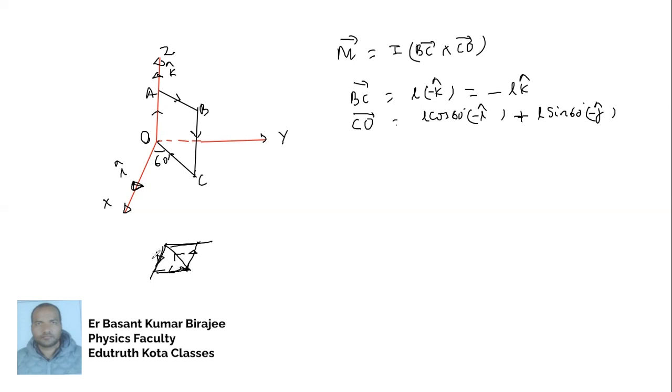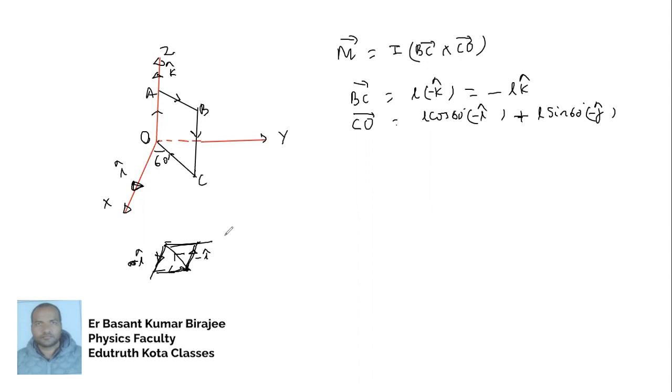In this direction you have the unit vector i, so in the opposite direction it will be minus i.